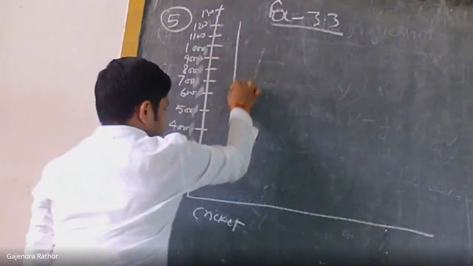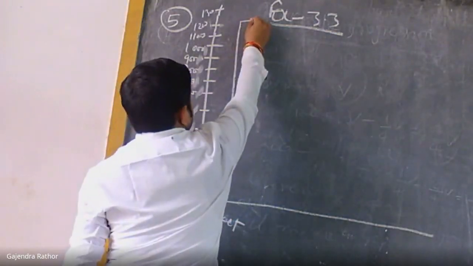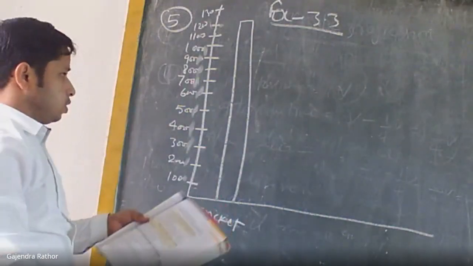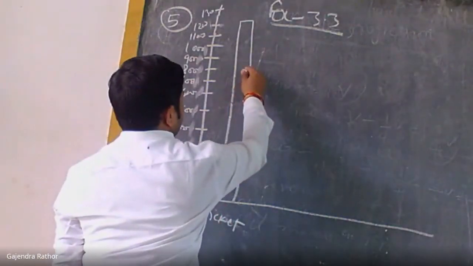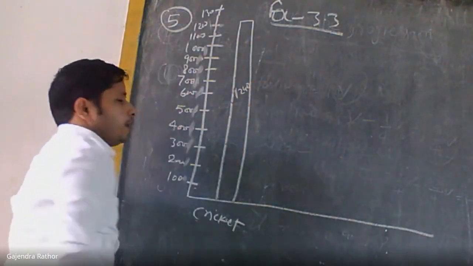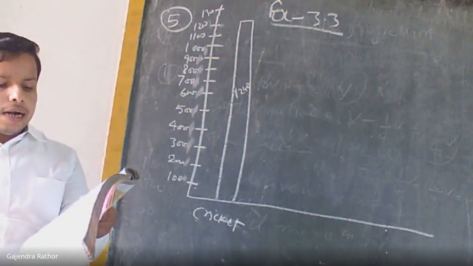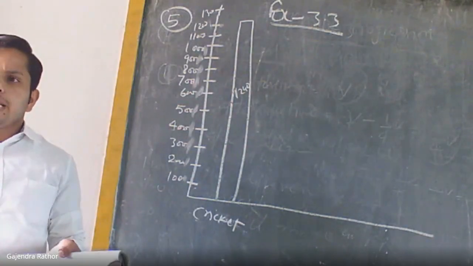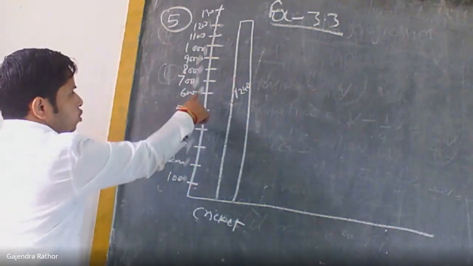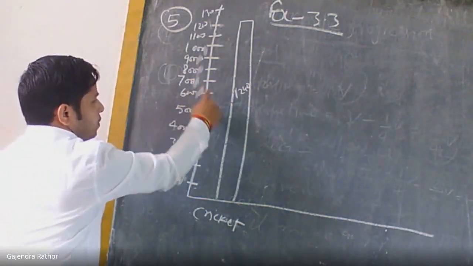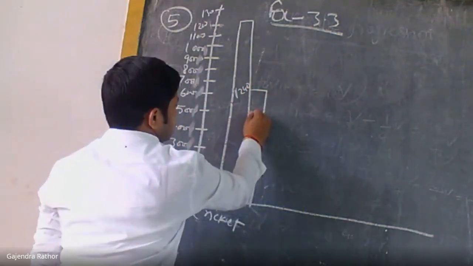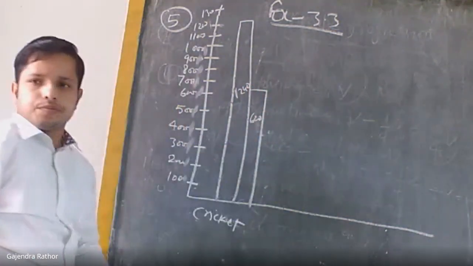Something here. Okay, so we can write this is 1240. The second is participating. The number of participating in cricket is 620. So here 620, between 600 and 700, something here, that is 620.